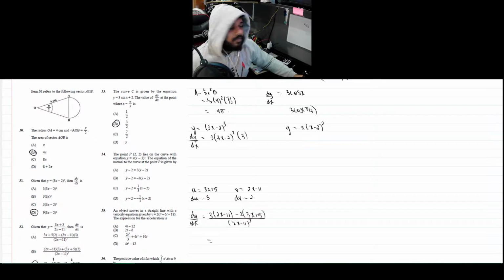Now this is in the form of a product rule, but I want to make life easy for myself, so I'll just expand it. x into (x squared minus 6x plus 9), x cubed minus 6x squared plus 9x. So dy/dx is 3x squared minus 12x plus 9.